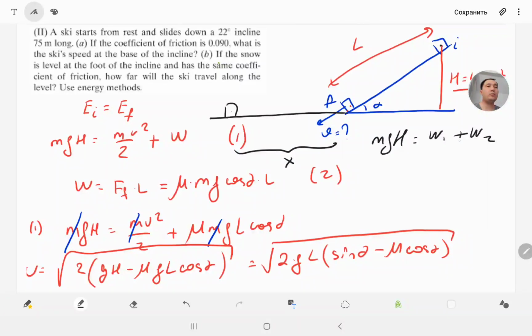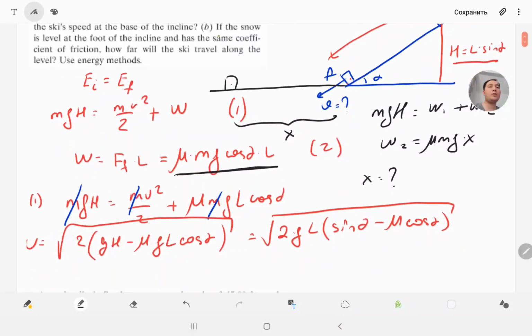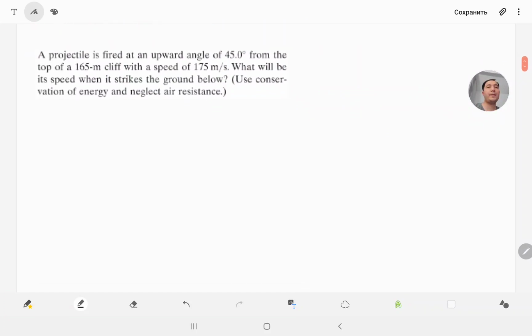The work done by friction on the inclined plane is the same as before, so let's write only the work done by friction on the horizontal surface. Here the friction force is the coefficient of friction times the normal force, the weight, times x. From here you can find x.